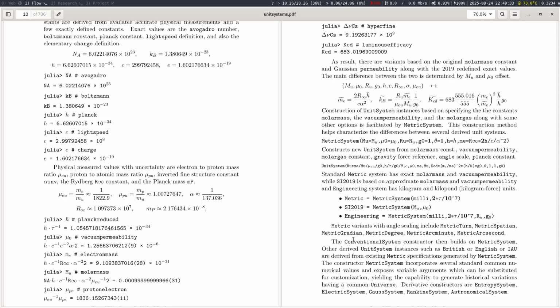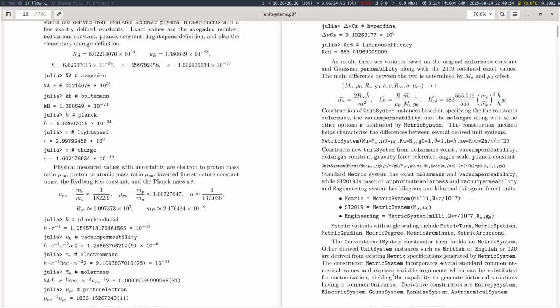The conventional system constructor then builds on the metric system. Other derived unit system instances, such as the British or the English or the IAU, are derived from existing metric specifications generated by the metric system constructor that I'm talking about.